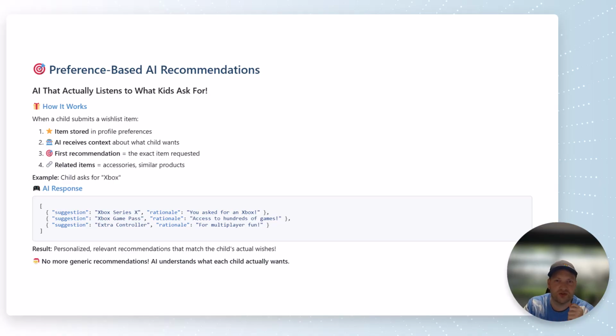So if the child asks for an Xbox, the AI will recommend the Xbox, suggest related items like safety gear and skating sessions or gear controllers, and provide rationales that reference the interests they have, because it just made the demo a lot more compelling.